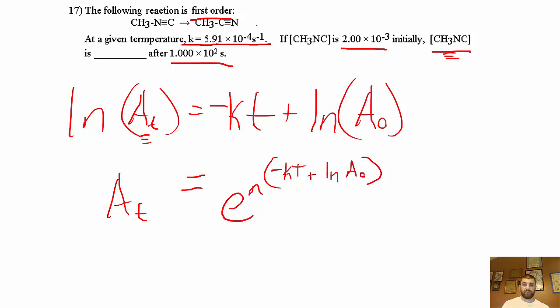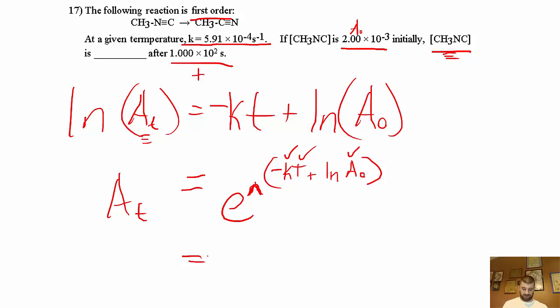So now our k is right here. k we know. t we know. A0 is right there. We also know that. So now it's just a plug and chug, right? This is what it would look like if I plugged it into my calculator. I put e caret, and then I put all that in parentheses.